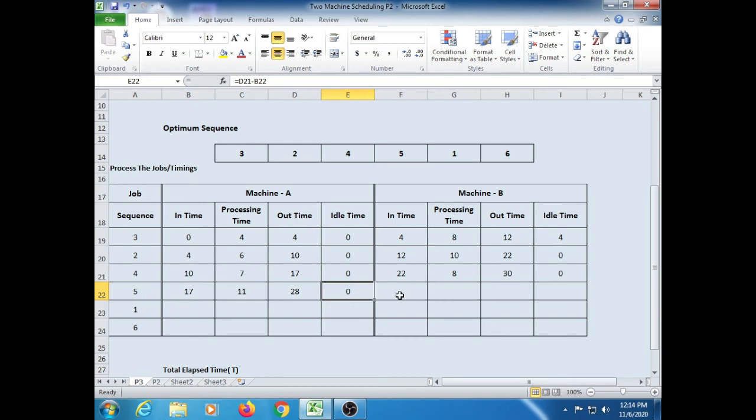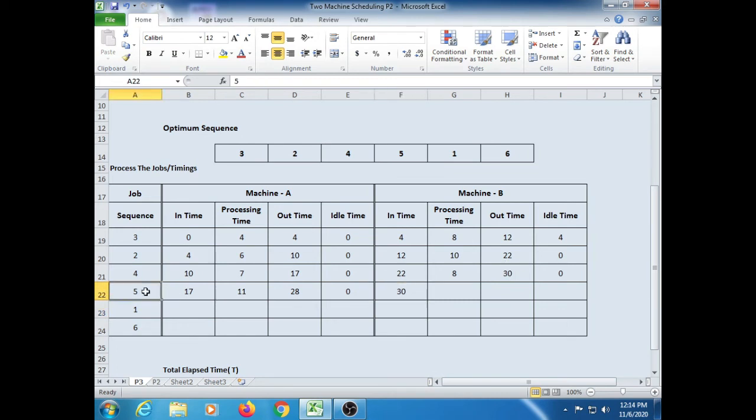Okay, then next, how do we calculate the in time? This is actually important, so you have to be careful in identifying the in time. Which one is max? The max of the previous job out time of the same machine and the present job out time of machine A. Which one is max? 30 is the max.